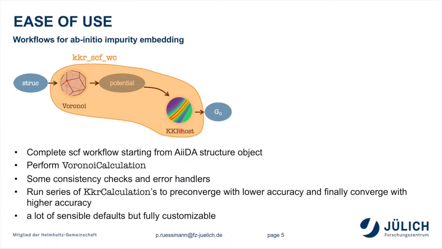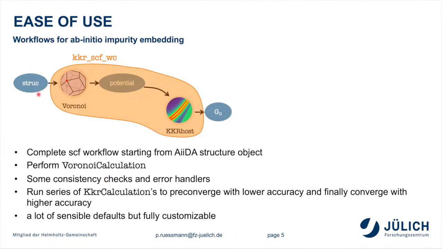And actually, several steps of KKR calculations can be run. In particular, we often do a pre-converging with a lower accuracy set, which is faster, and then finally converge it in a higher accuracy setting to reach the final answer that you're interested in.